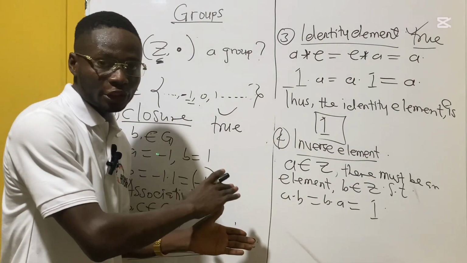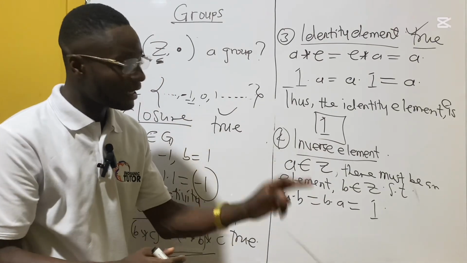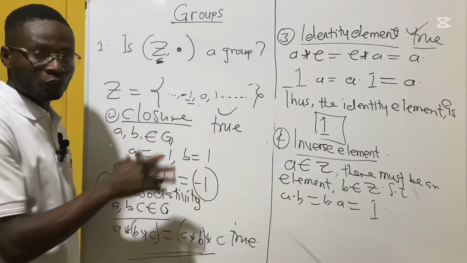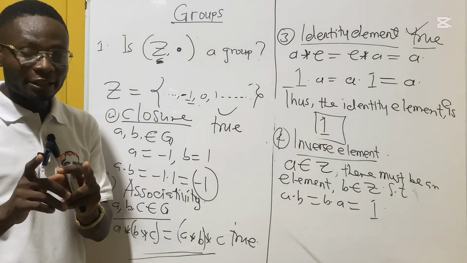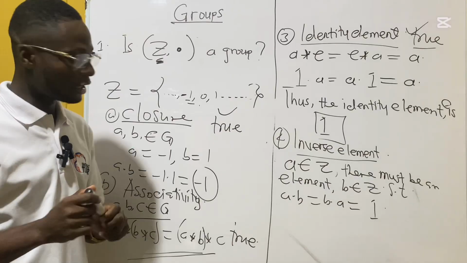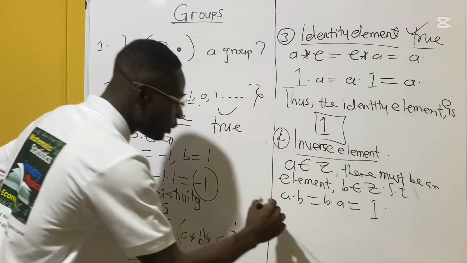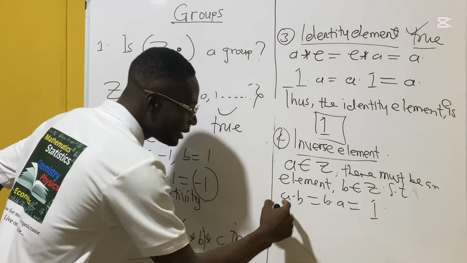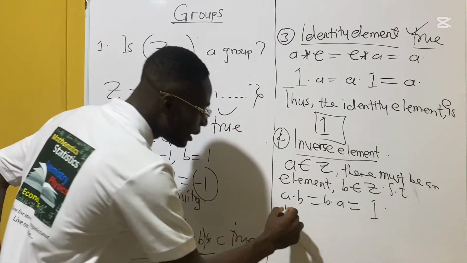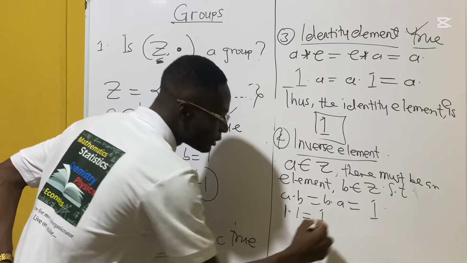Either side you do it, A dot B should be equal to B dot A, and that should give you 1. So let's test for 1. We are taking A to be 1 and B to be 1. So 1 times 1 is equal to 1.